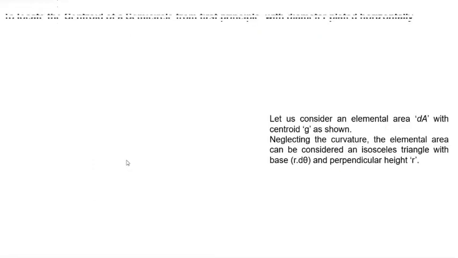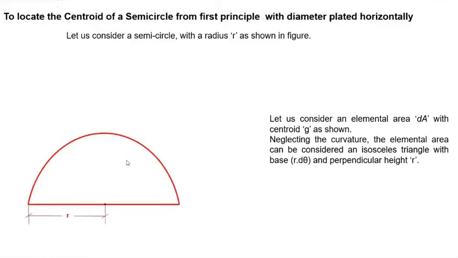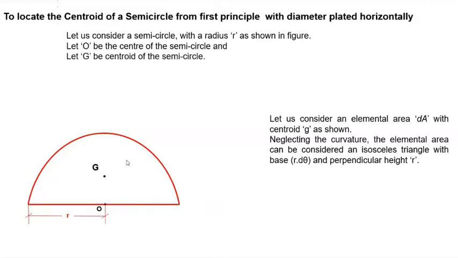Next, let us consider a semicircle like this, and let O be the center point on the line of the diagonal. Let G be the centroid of the semicircle, and definitely the centroid will lie on the axis of symmetry. So this is the axis of symmetry.